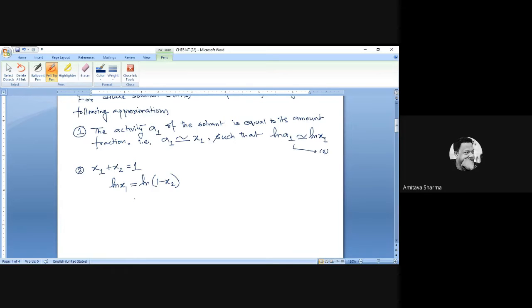If we solve the series, this is a log series from your higher secondary syllabus: x2 plus x2 square by 2, x2 cube by 3, and it is an infinite series, and this is equation 3.